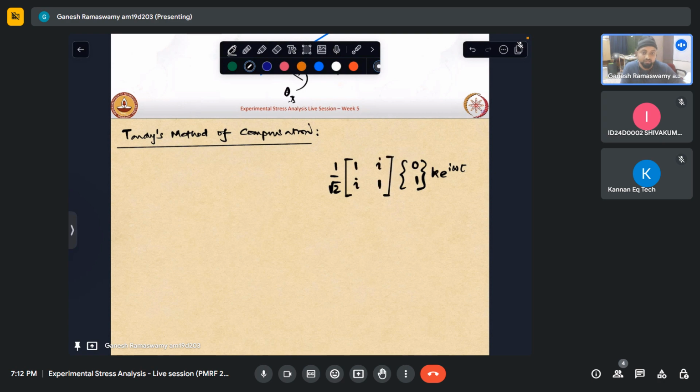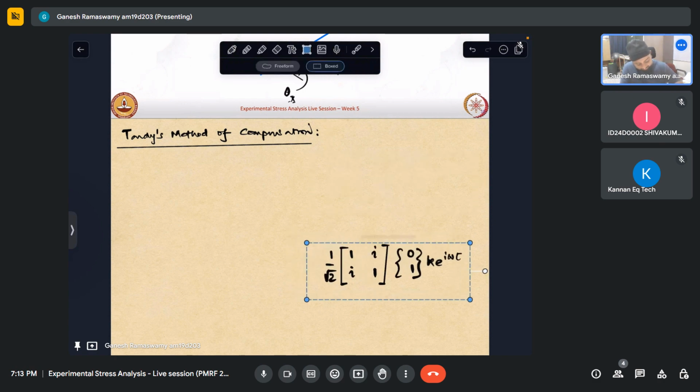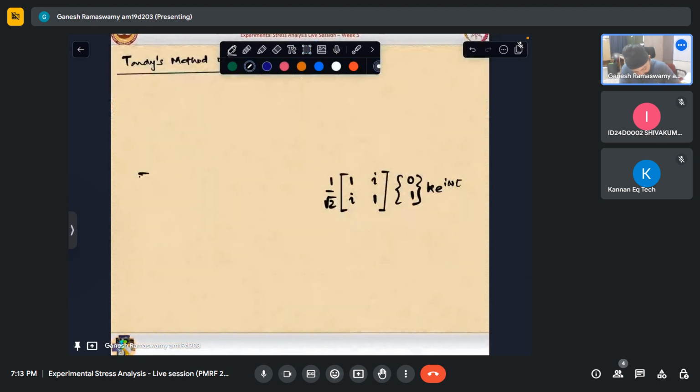So it is at 135 degrees. Then let me move this here. After this, let me have my model. My model which will have cos delta by 2 minus i sin delta by 2 cos 2 theta, minus i sin delta by 2 sin 2 theta.